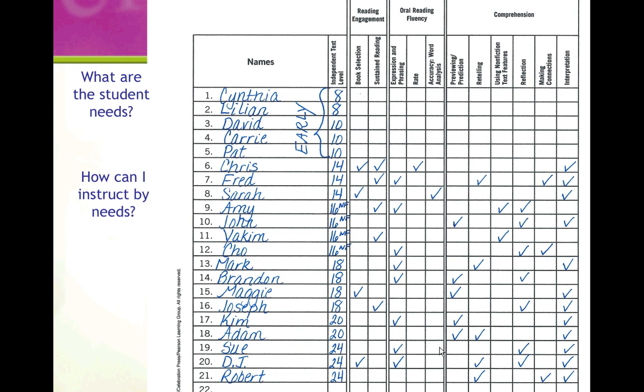There's a lot of wonderful ways you can use this chart. First of all, you're going to be able to see any kind of small group instruction, how to group the kids, and what levels they would be on in the instruction. As you look at the check marks, if you notice the last column, there's a lot of check marks under the column of interpretation.